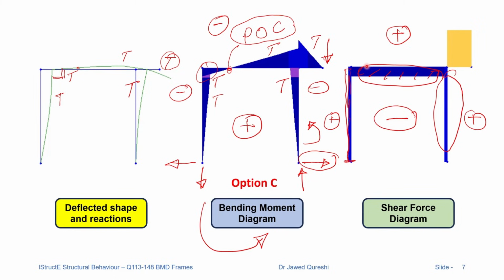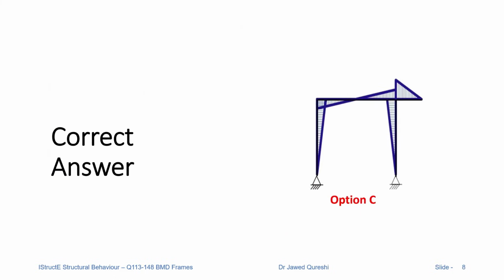So our correct option is option C, and this is how we draw the bending moment diagram. There will be double curvature in the beam, and where we have the point load applied, we will have a huge hogging moment. The column is going to sag like this, and another column will sag like this. So the correct option is option C.